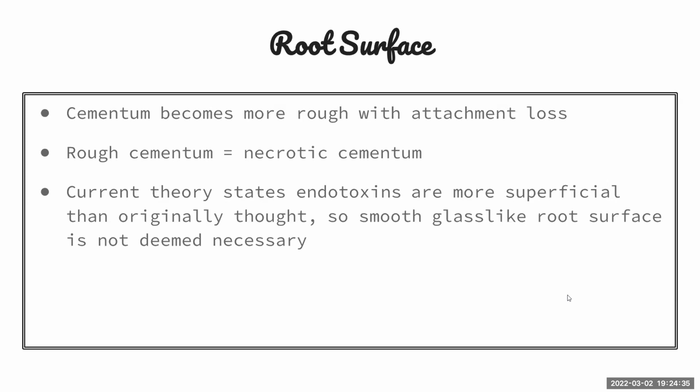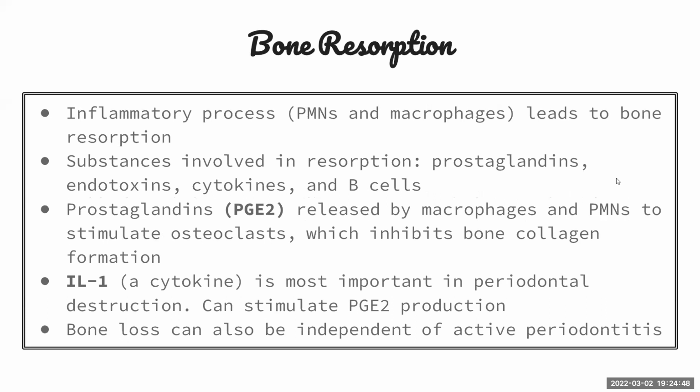So smooth glass-like root surfaces are not deemed necessary. We want to get the calculus off, but we don't want to make them glass-like anymore. Lucky for you guys. The inflammatory process, which involves your macrophages and PMNs, leads to resorption.